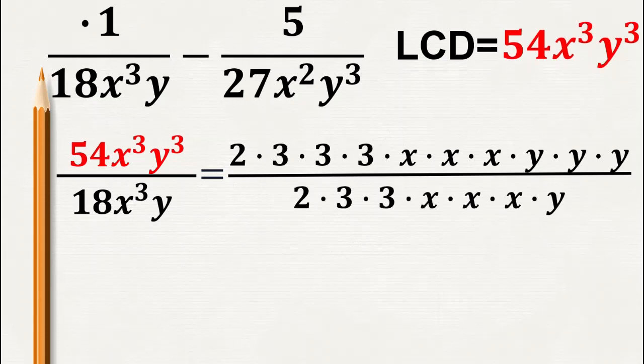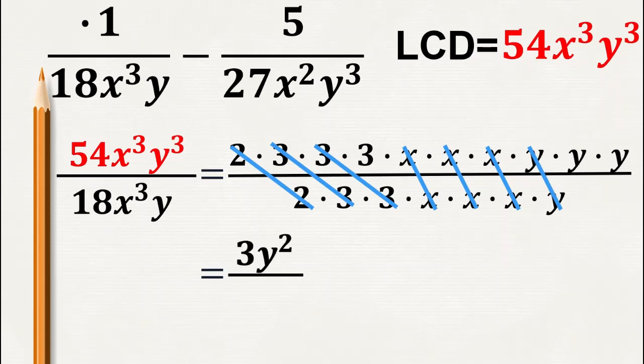Simplify them, cancel, and then multiply the remaining factors. We have 3 times y, 3y squared. For our denominator, nothing is left, so we have 1, or simply 3y squared.